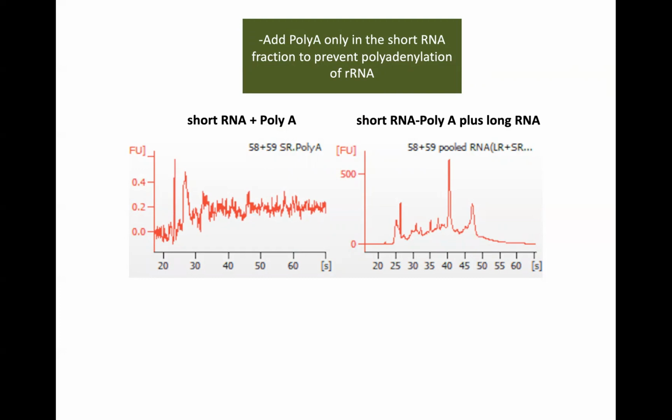It's significant to mention that the short RNA part was practically an enrichment set. So we do still get longer RNAs in that short RNA fraction, but in smaller numbers than in the long one.